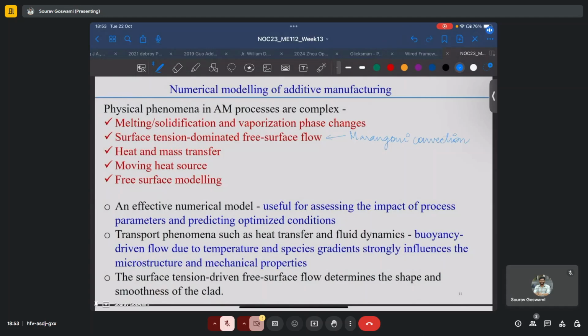Further, transport phenomena such as heat transfer and fluid dynamics, buoyancy-driven flow due to temperature and species gradient, or surface tension dominated free surface flow will strongly influence the microstructure and the mechanical properties. And the surface tension driven free surface flow determines the shape and smoothness of the clad.